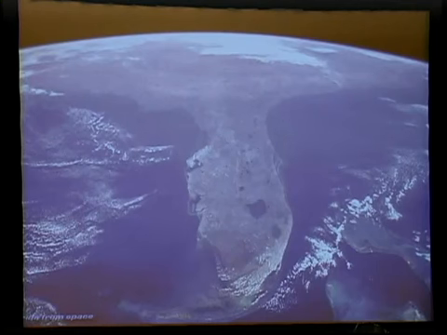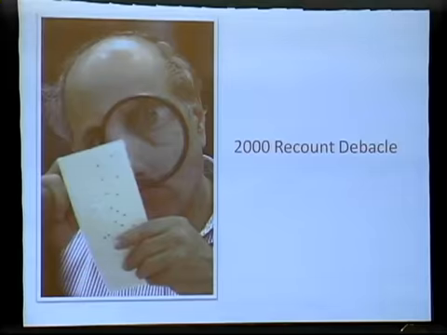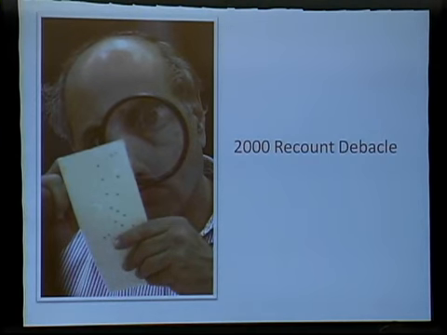So the electronic voting problems that we've been suffering through in this country for the last few years really started in Florida. They started in 2000 in the aftermath of the presidential election. You might remember images like this that I think have been burned into all of our minds about the problems they had with recounts. The word hanging chad entered our lexicon.